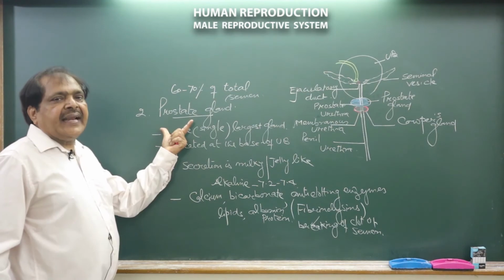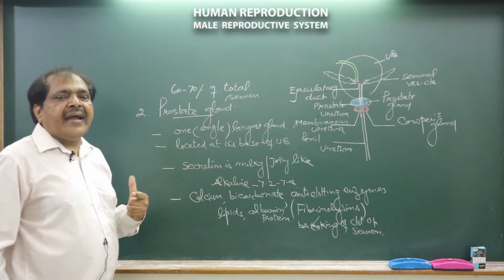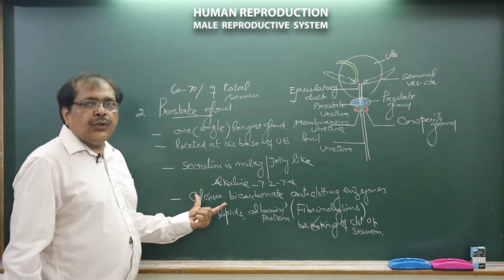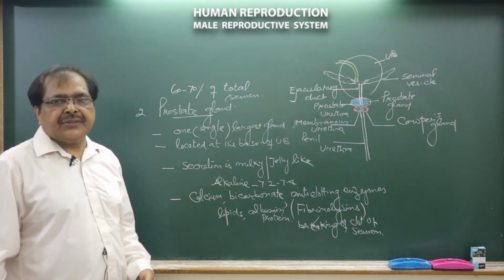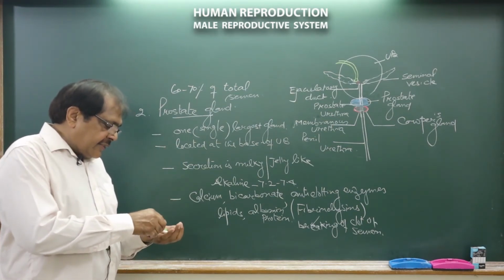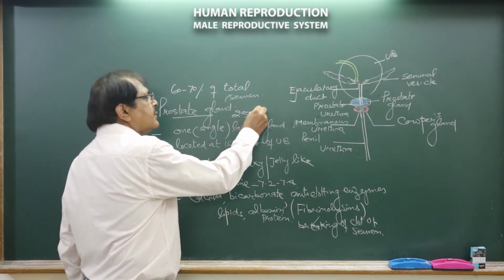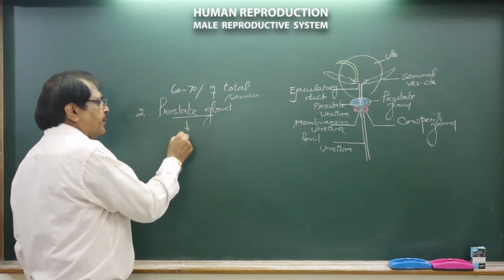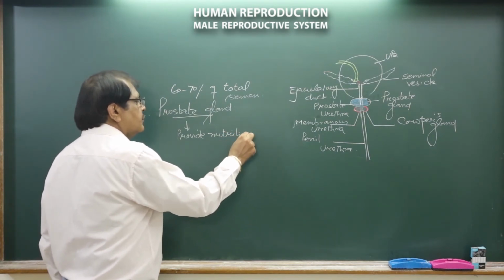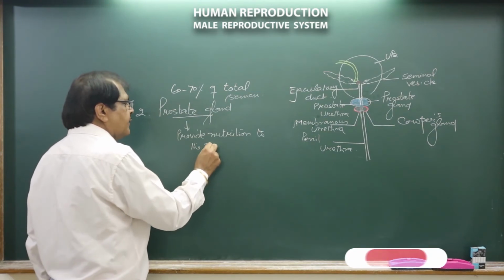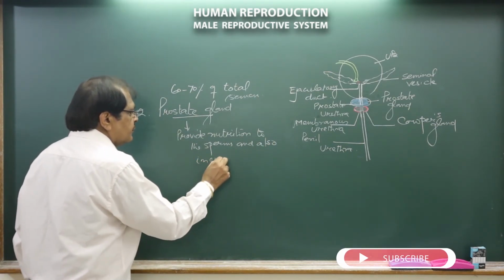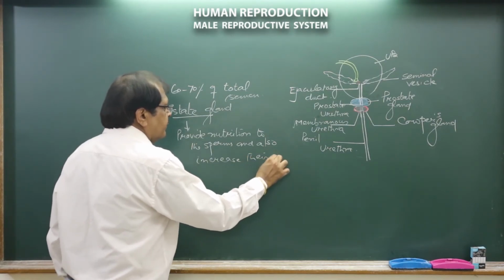The secretions of the prostate gland provide nutrition to the sperms and also increase their motility. The secretion of the prostate gland forms about 25% of the total semen.